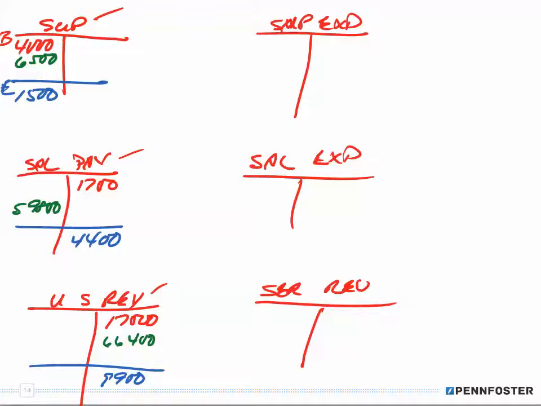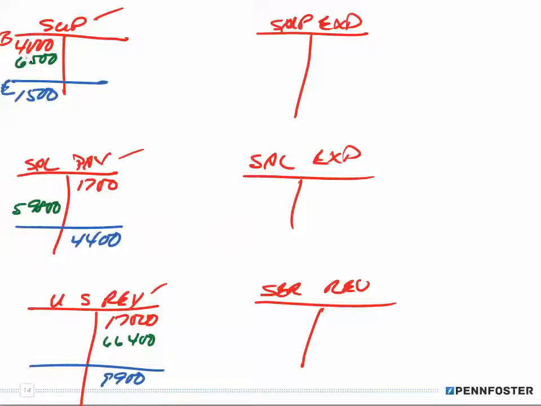And then I show what my ending balances were: 1,500, 4,400, and 9,900. But in order to get to those ending balances, we had to make an adjustment. So what's the adjustment? That's what we're going to record so that we can put in the proper amount for expense and revenue. Because we understand this, now it simply becomes a matter of doing the math.